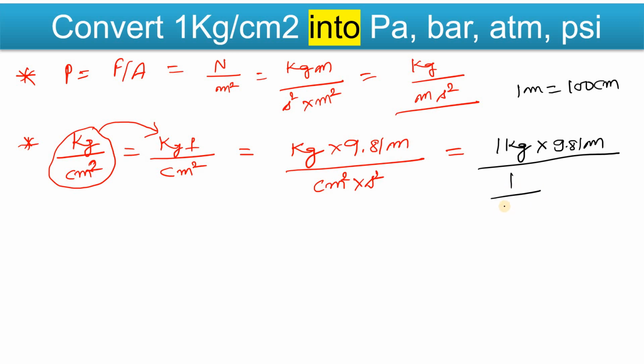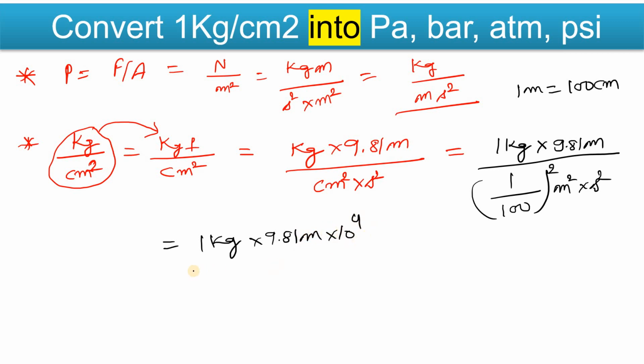Here will be 1 divided by 100 square, right? And the unit will be in meter square into second square. So now it will be 1 kg into 9.81 meter into 10 to the power 4 divided by meter square into second square.